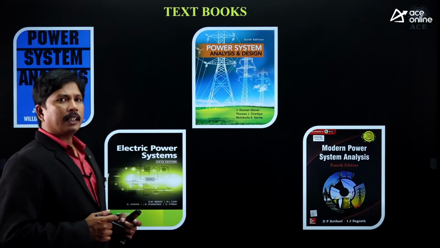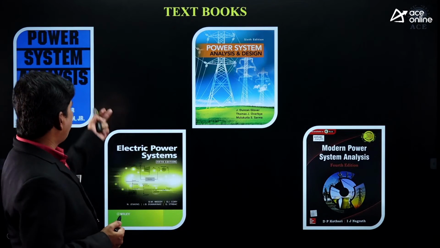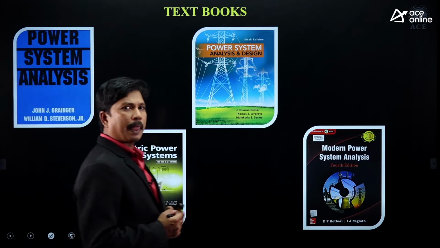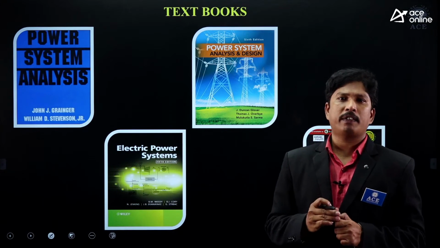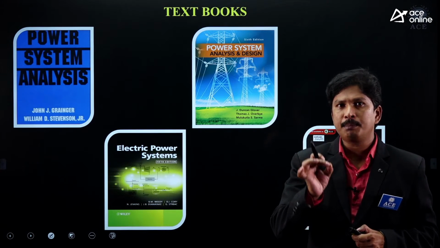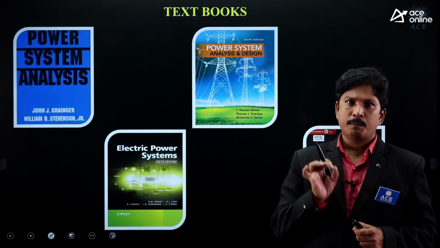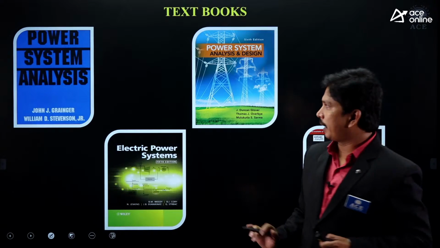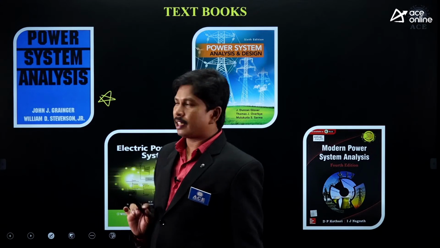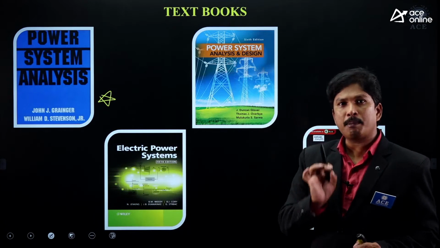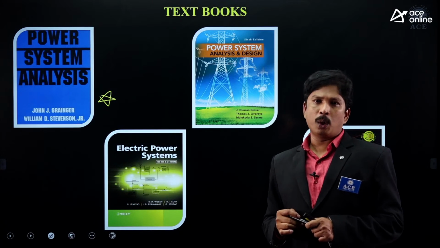So these are the textbooks we can prefer, students. We can go for Power System Analysis by Stevenson and Grainger, one of the best textbooks of the entire power system. See here, students, this is one of the best textbooks. And we can go for Power System Analysis and Design by Duncan Glover.